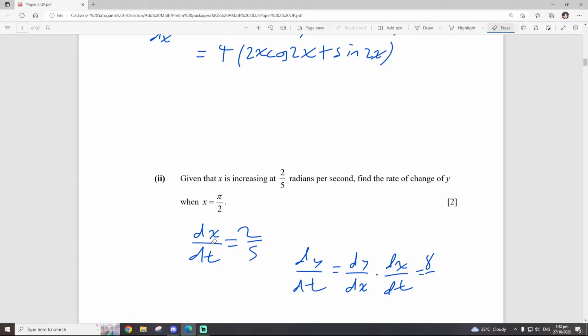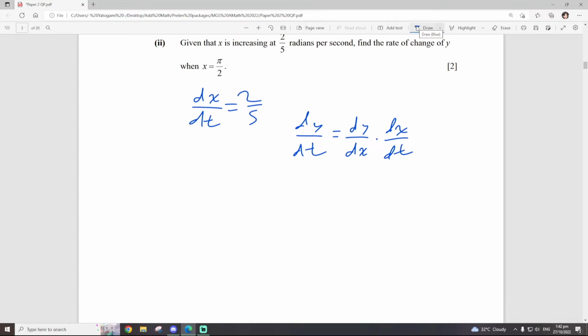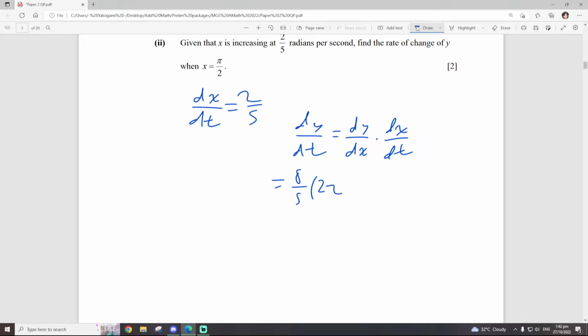So this is 8 over 5, 2x cosine 2x plus sine 2x.